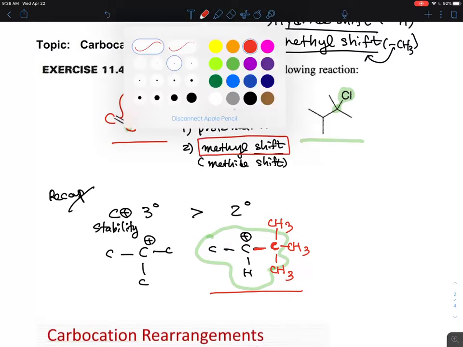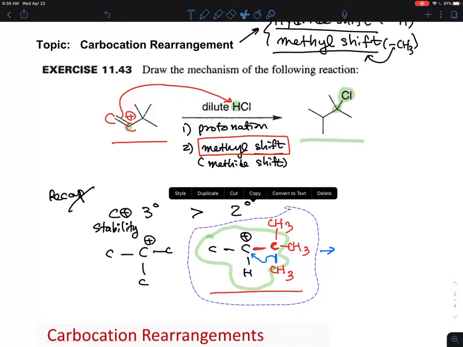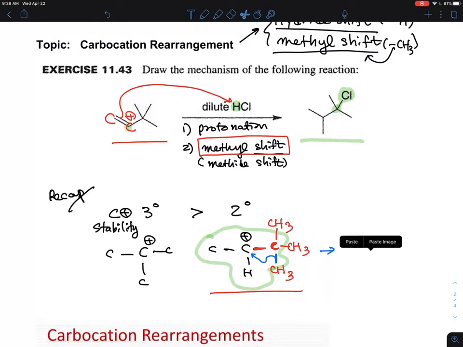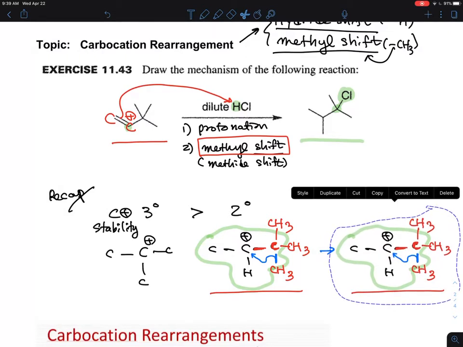So what I'm saying here is this bonding here can actually move on to form a bond with a carbocation there. And by doing so, let me see if I can copy those. So I just paste the images, right?